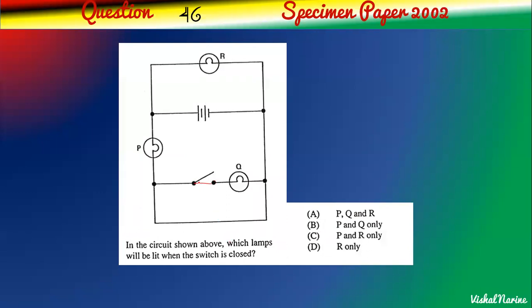So if we complete this circuit, where are we going to have current? Which bulb is going to be lighted? You can see the current is going to flow, R is going to light. We can see current flows around here. P is going to light, current flows around here. Q is also going to be lighted. So the answer there is P, Q, and R.